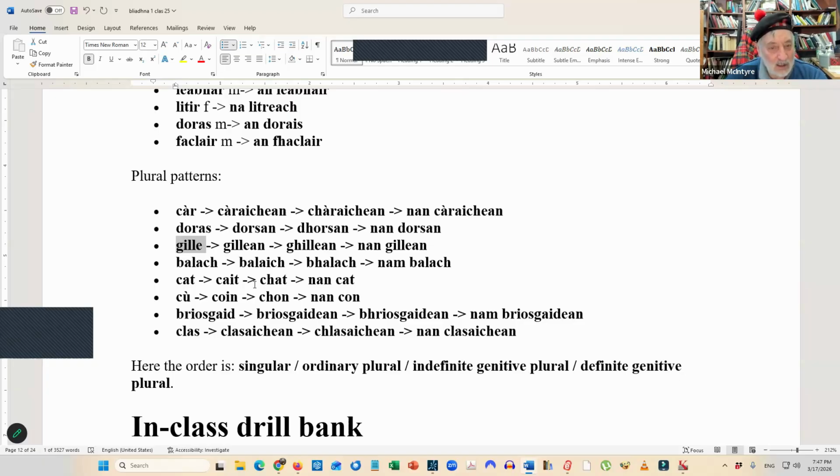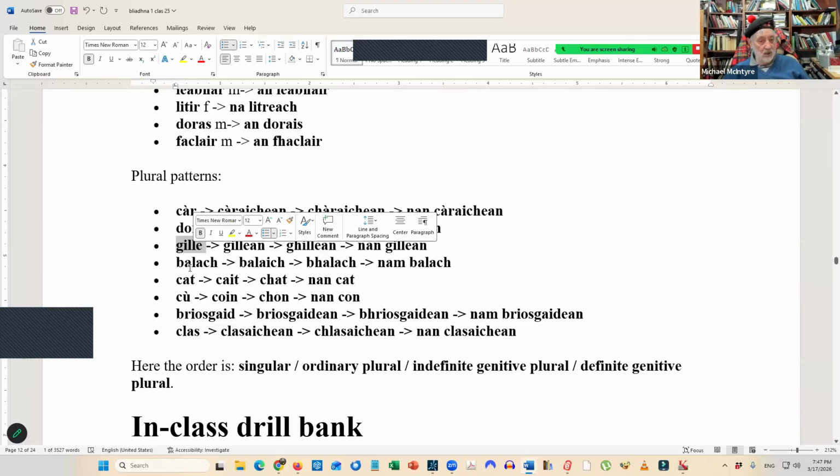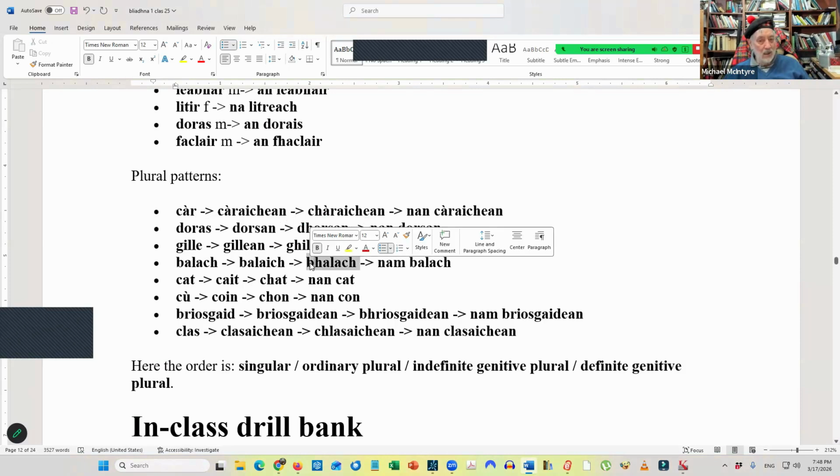Well, lads, who's buying the next round, a kind of term of affection. It can also mean something like a servant. Balak, Balich, Valak, Nambalach. These would be the plural genitive. Kat, Katch, Chat, plural genitive, non-kat.